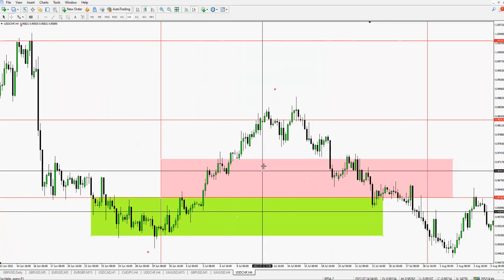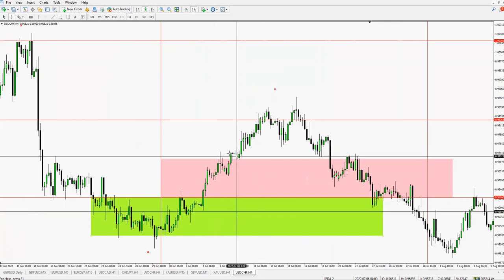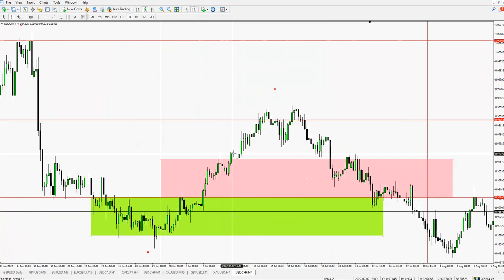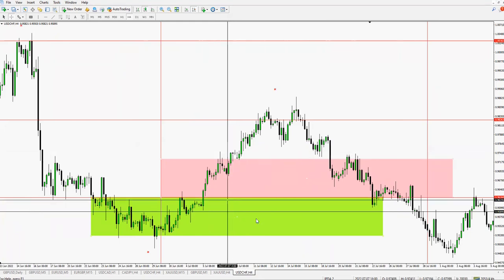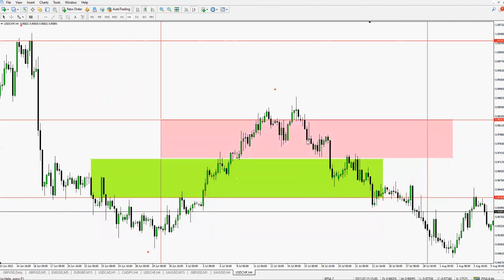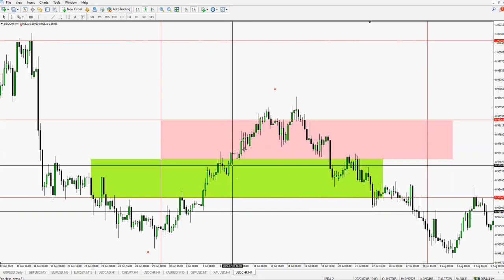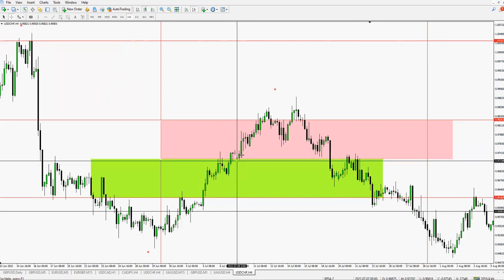Now you notice that this would have been the premium over here in this red box, but because it closed outside there, we would have to change this. So now this becomes the discount and this becomes the premium over here like this. And then you'd be using it based on 4-hour, daily, 1 hour, whatever you wanted to do.